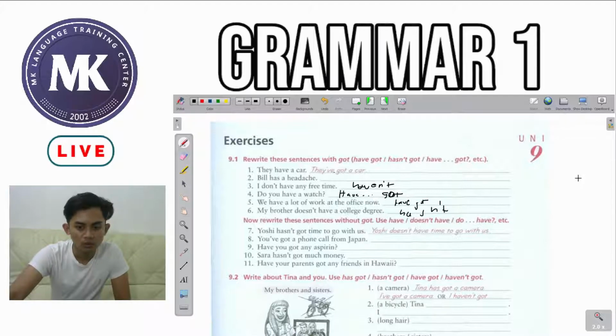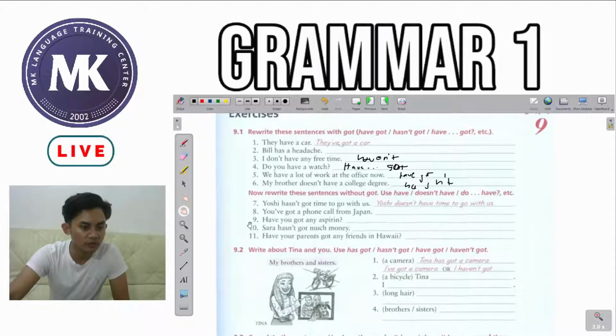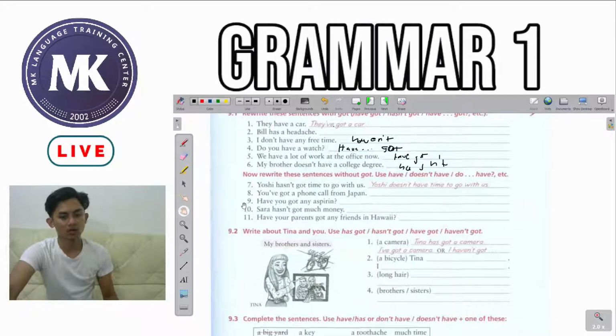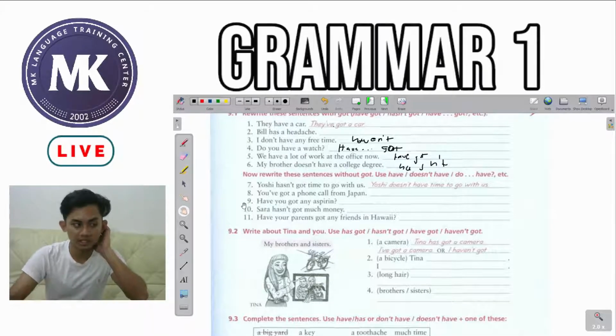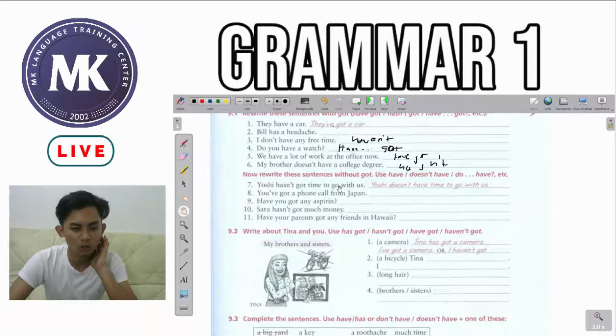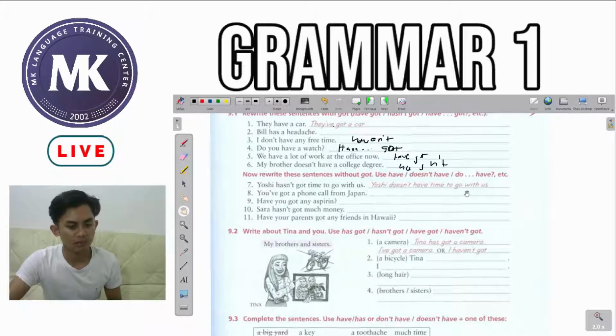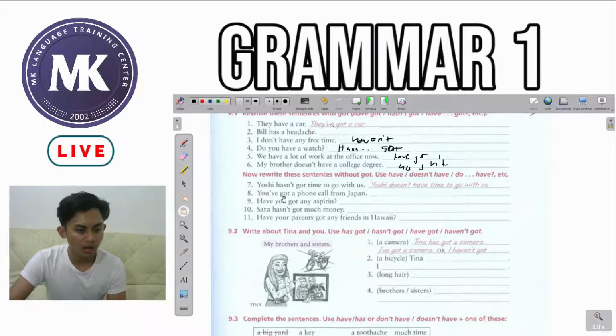Okay, so next we have to rewrite these sentences without got. So we have to do the reverse of what we did in the previous exercise. So Yoshi hasn't got the time to go with us. If we replace it, it is Yoshi doesn't have time to go with us. Okay, now you've got a phone call from Japan. So you have got a phone call from Japan.